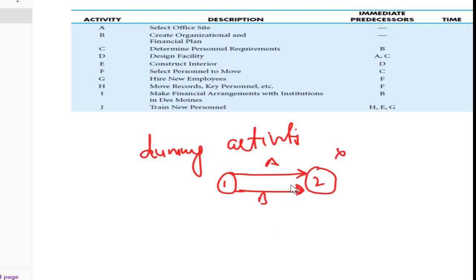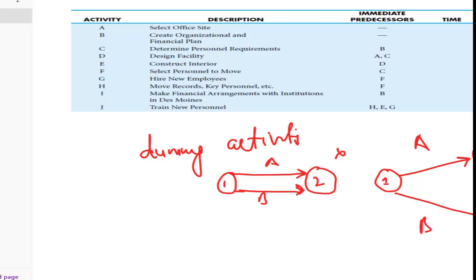So to break it, we apply the dummy activity. We say this is node 1, this is another node 3, and this is another node, say 2. This is my A and this is my B, and then I use the dummy arrow.